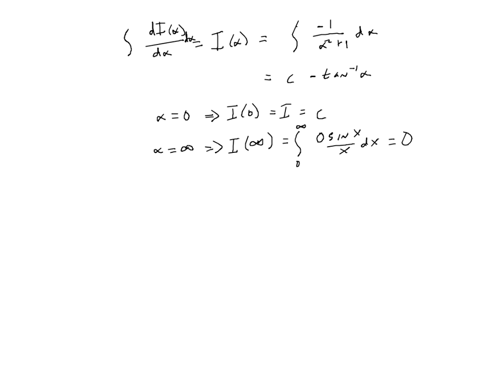Let me see. 1 over a squared. Yeah, that's not cotangent, that's arctangent. That's supposed to be arctangent. Let me check. Yeah, it's got Google.